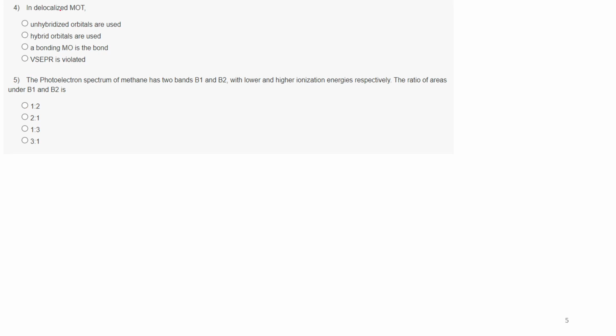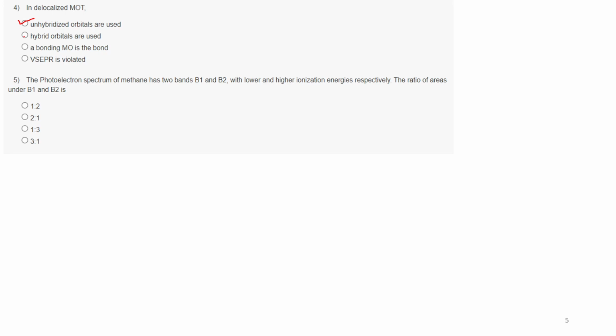In delocalized MOT, MOT meaning molecular orbital theory, which of these is going to be true? Actually, in delocalized MOT, unhybridized orbitals are used. Unhybridized orbitals are used because hybridization is a concept of valence bond theory.